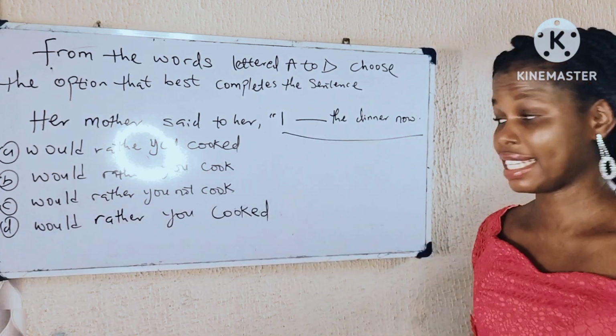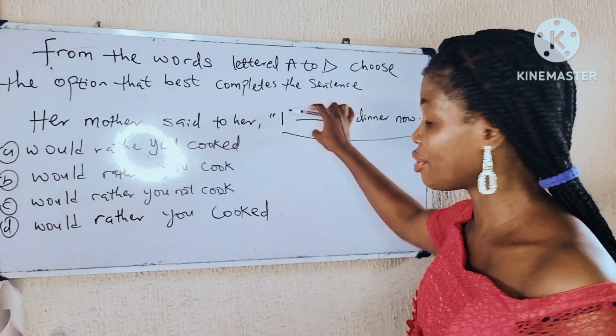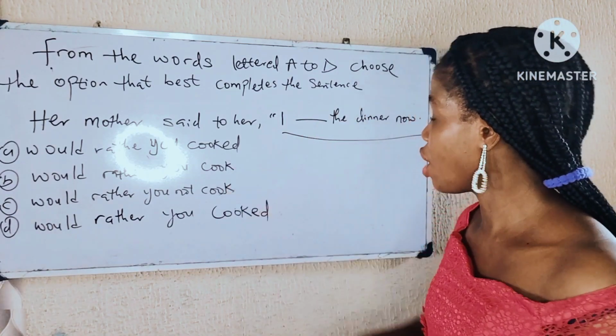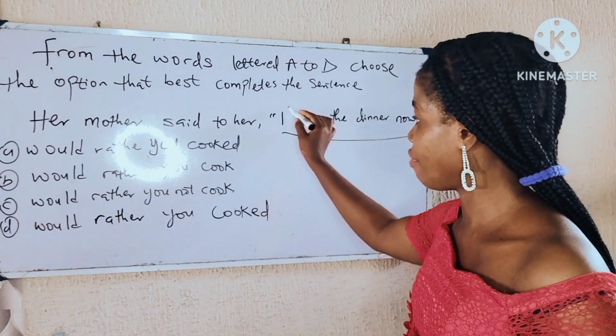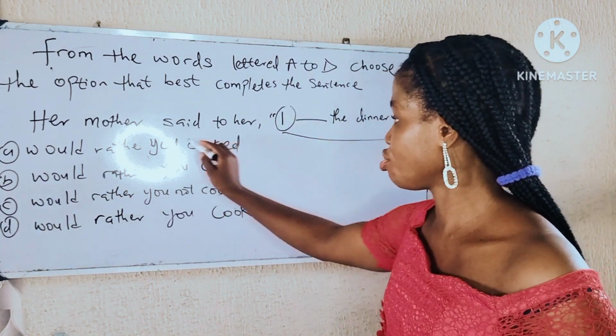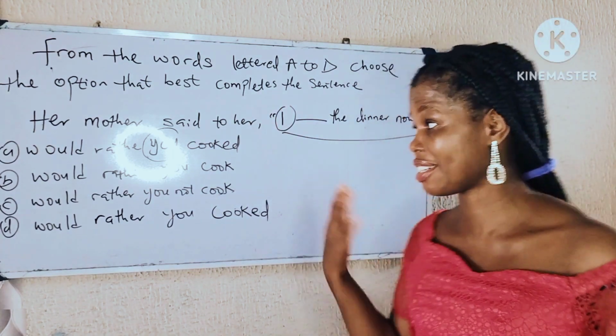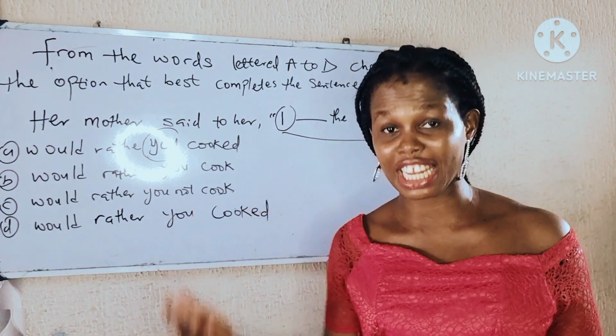Now, to complete the sentence, we have to choose an option to fill this gap. When we choose any option from here, we're going to have two subjects, I plus you, and these two subjects refer to two different individuals.